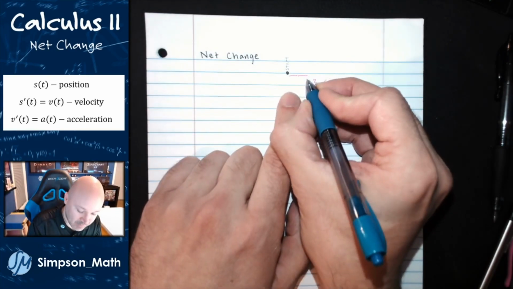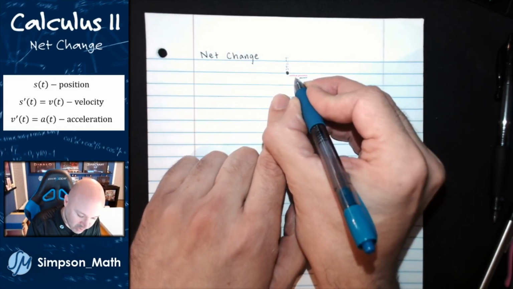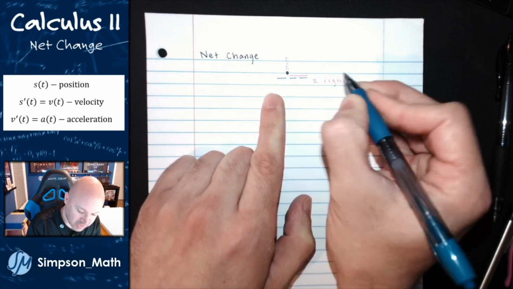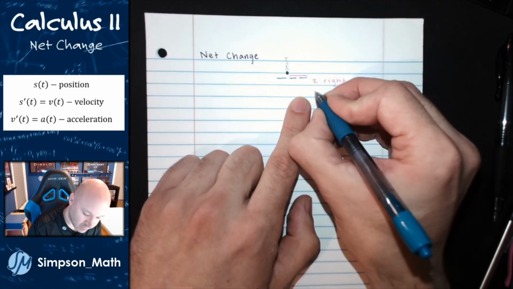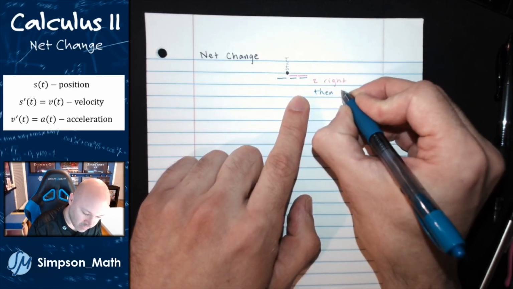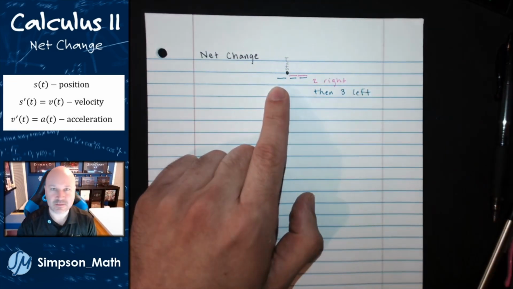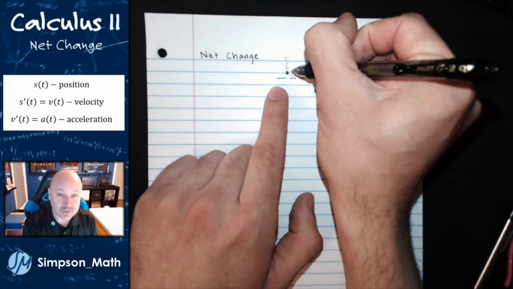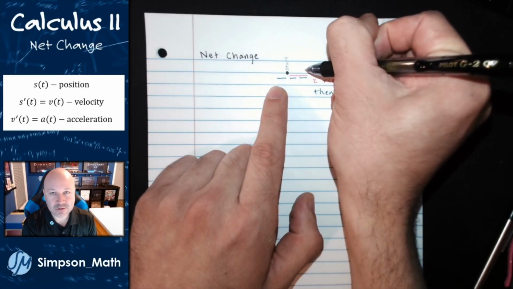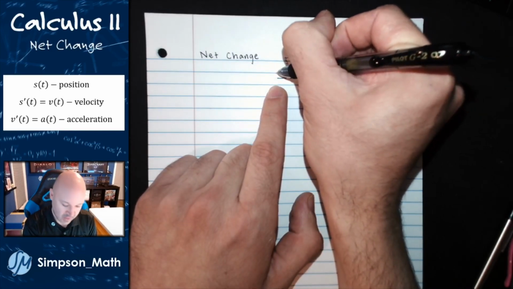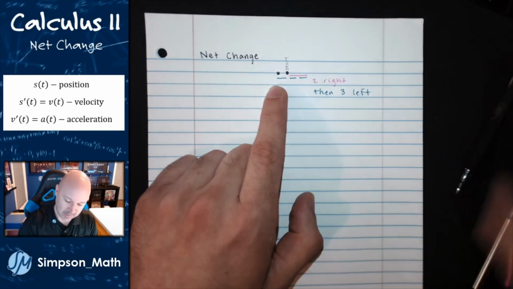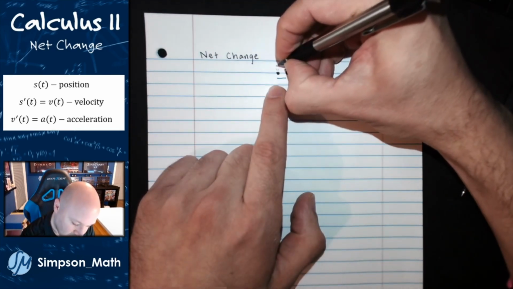So I end up there, and I'm moving now left 3 units, or in a backward position. And then I stop. So I started here, I moved right 2, and then left 3, and this is where I end up. I'll go ahead and write stop there.